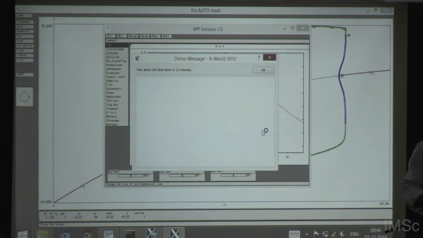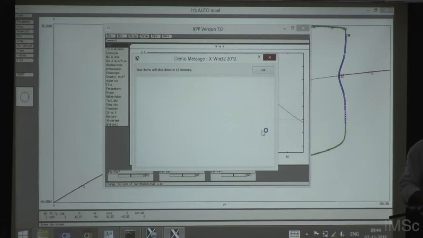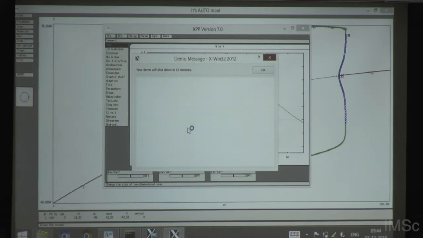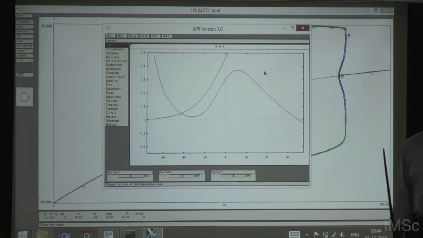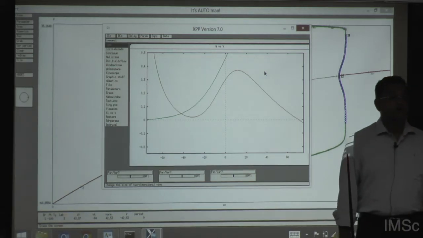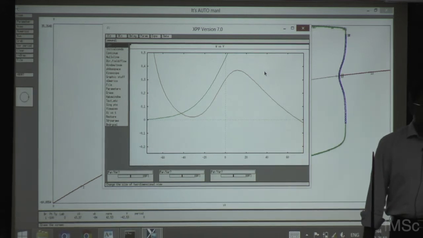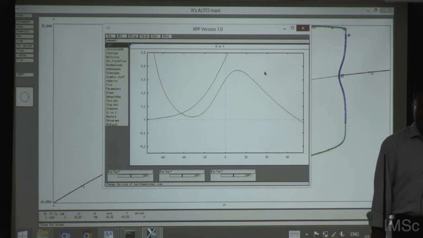But since this grab facility is available, those things are automatically transferred to XPP, which is especially a nice feature of XPP-Auto, because that means all of the precision that's available to you for the fixed point. When Auto computes the fixed point, it computes it to a high degree of precision.